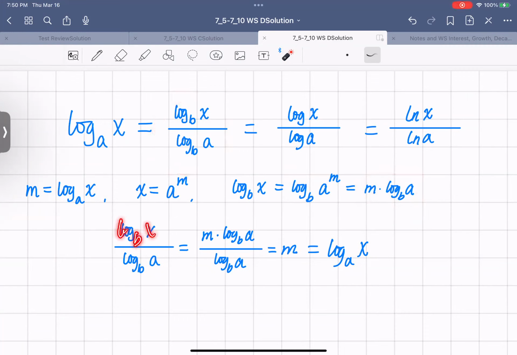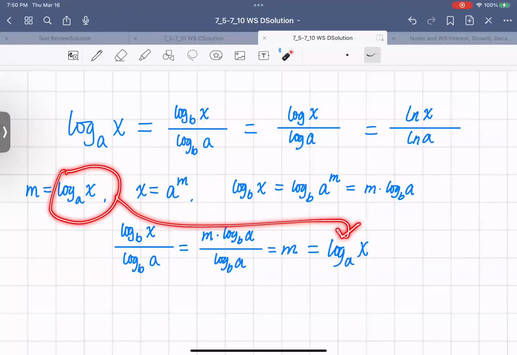Log base b of X, X is a to the power of M, so M will be pulled in front. And then the bottom is log base b of a. These two are identical. Let them go. So this is M. This M is this.